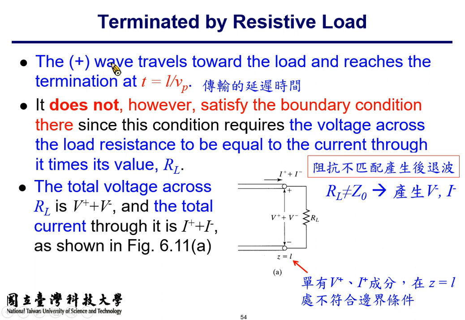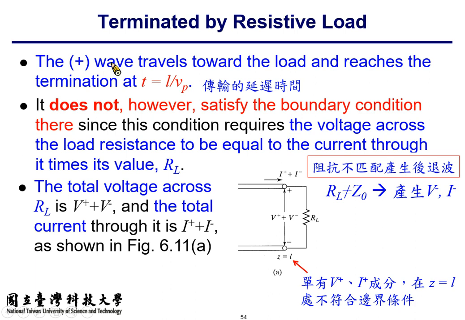It does not, however, satisfy the boundary condition, because it requires the voltage across the load resistance to be equal to the load resistance times the current. Originally we only have a V plus and I plus signal, and the V plus signal is 50 times I plus, because the characteristic impedance Z sub 0 is 50.